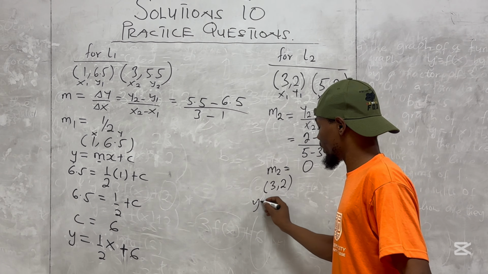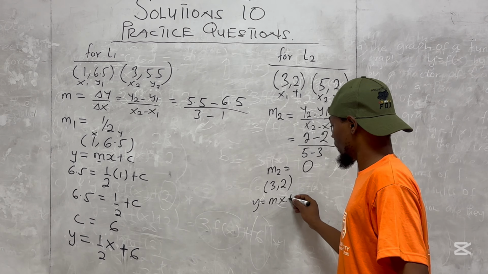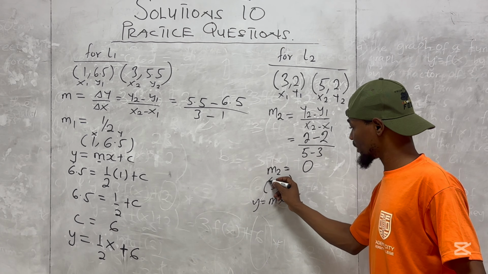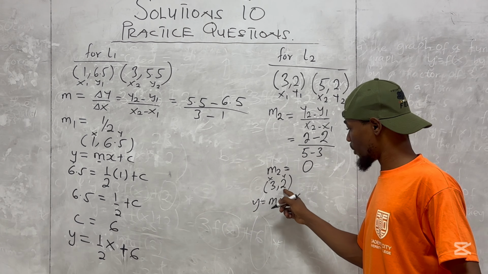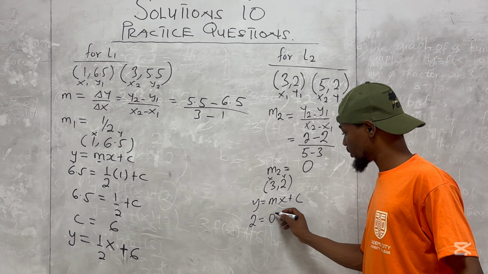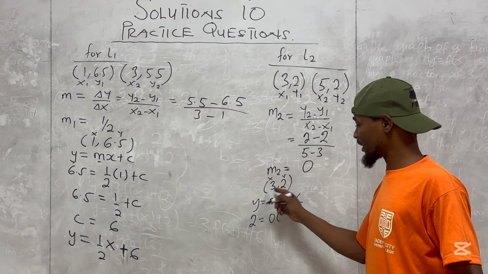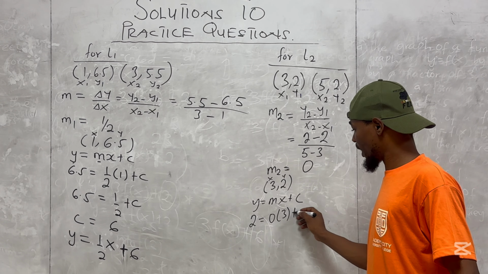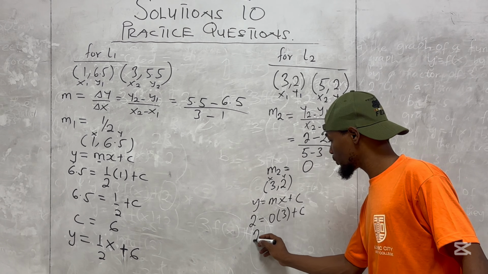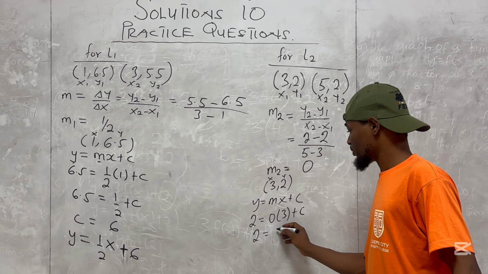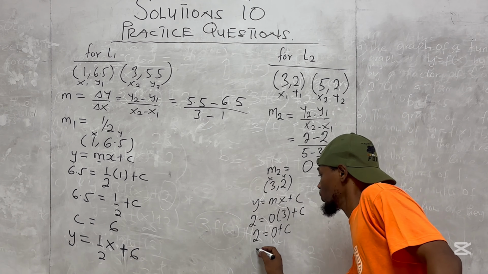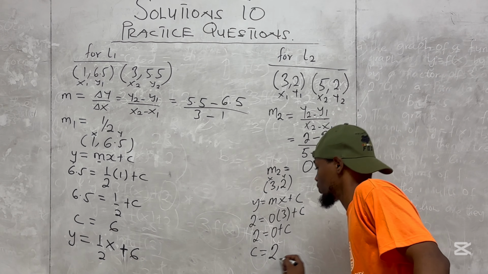Know that y is equal to mx plus c. So here I have my x and here I have my y. So I have 2 is equal to gradient 0 times x, where x is 3, plus c. Alright, so we have 2 is equal to 0 plus c. So c is equal to 2.